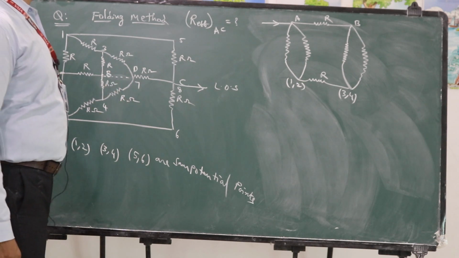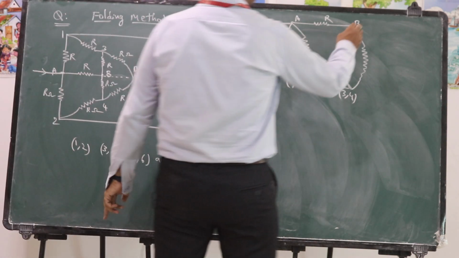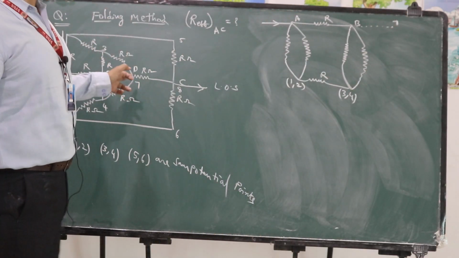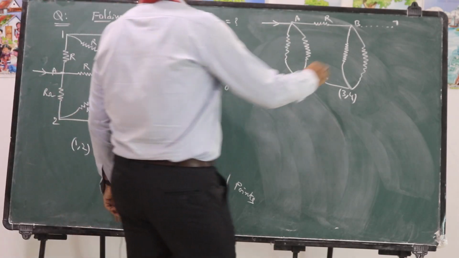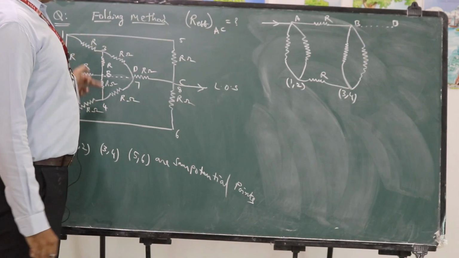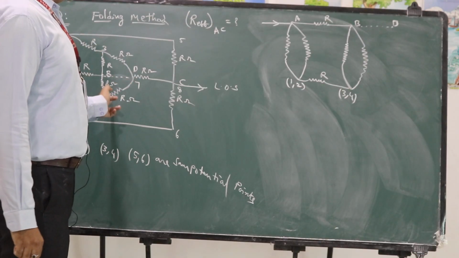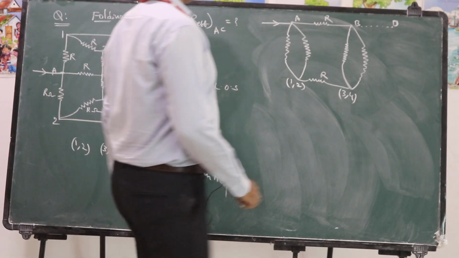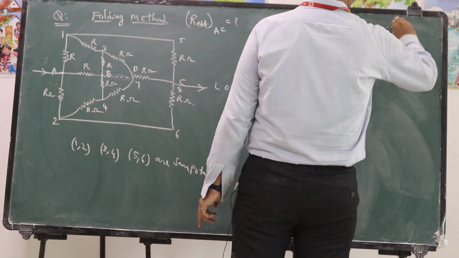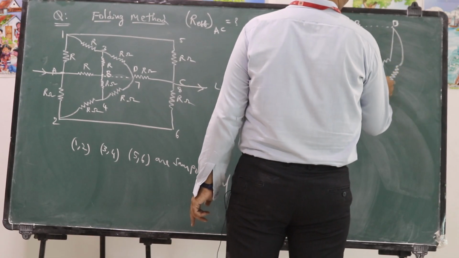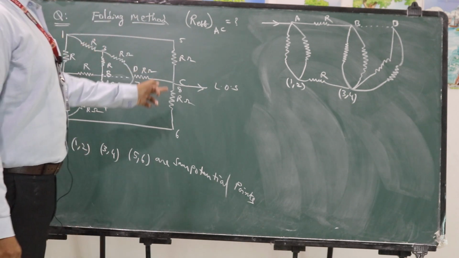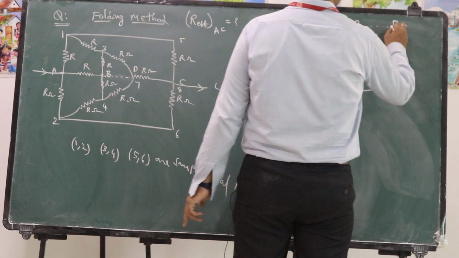Between B and 7, just a dotted line, no wire. Here is 7, or D. When you join 3 and 4, between 3, 4 and 7, there are 2 resistors like this. And from D to C, only 1 resistor is there.